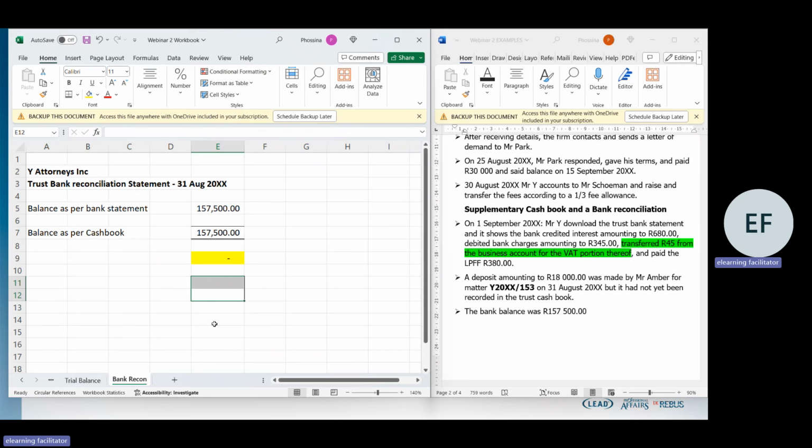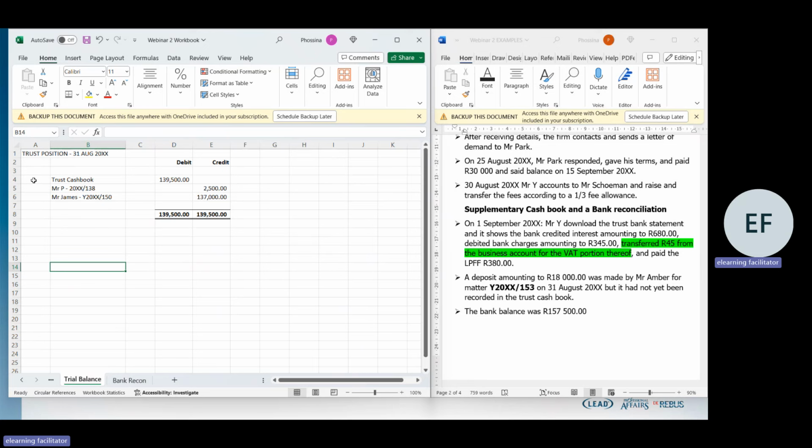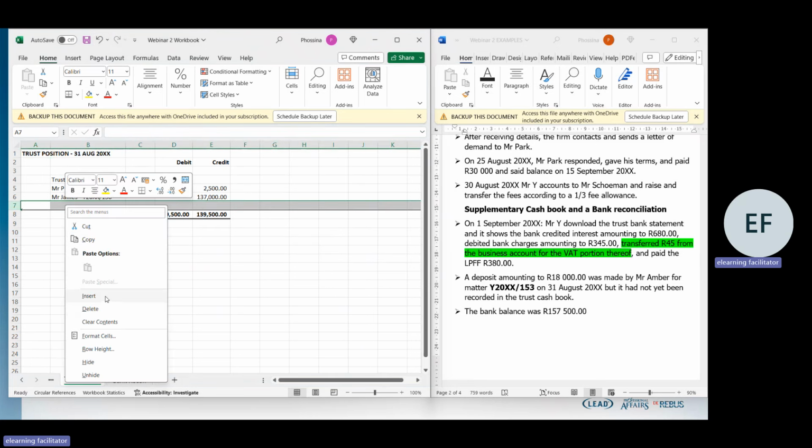So I have assisted you with the assignment. And this is how you answer the various questions that are there. I have treated it as one practice, but the concept is still the same. And if we go to the trial balance, you can update it with the supplementary information. What is our supplementary information?